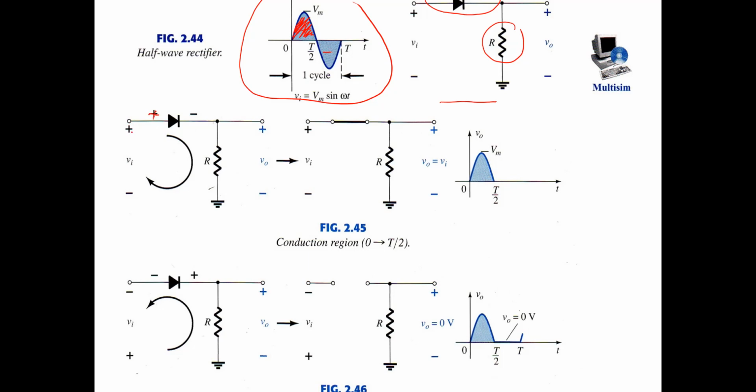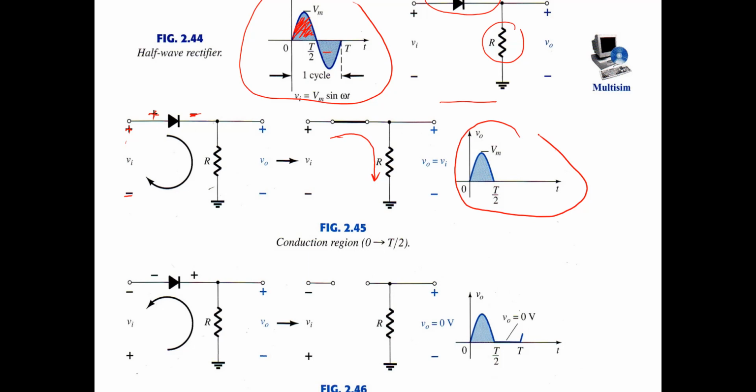The negative terminal is connected to the negative terminal also. Because the diode is forward bias, it's like a short here. So in the output we can see that there is a current flow. The phase of the output is similar to the input. So if we plot a waveform of the output, we get this.